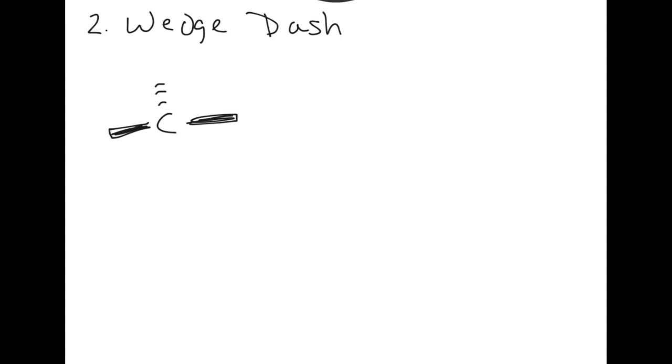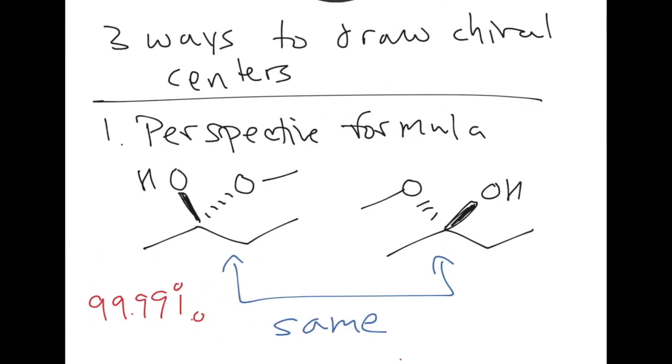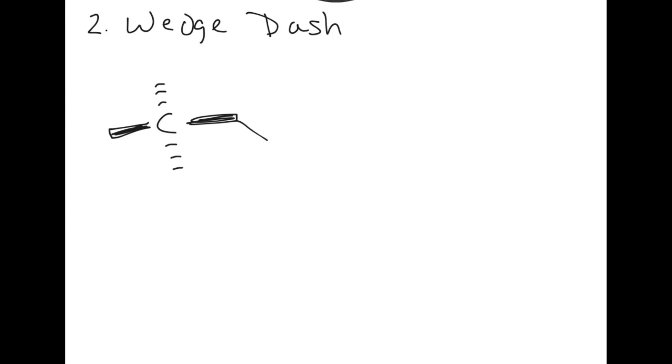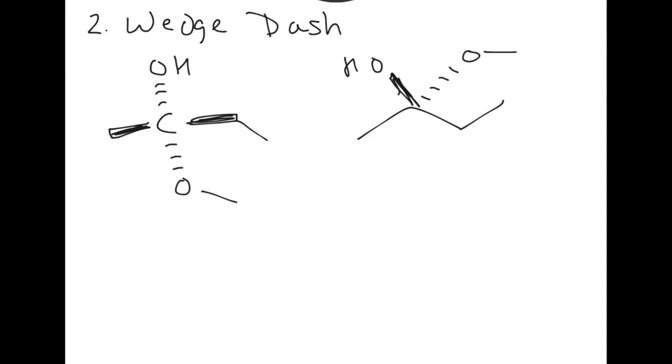And the groups that are vertical are going to be dashes. So if I look back at this and fill this in, it should be OH and methoxy. So this is the same molecule that we just had, but in wedge dash.